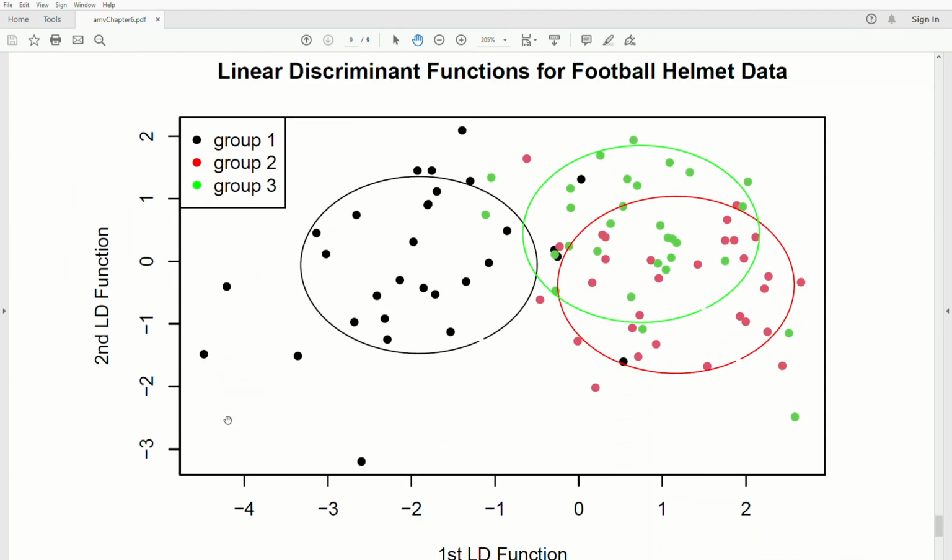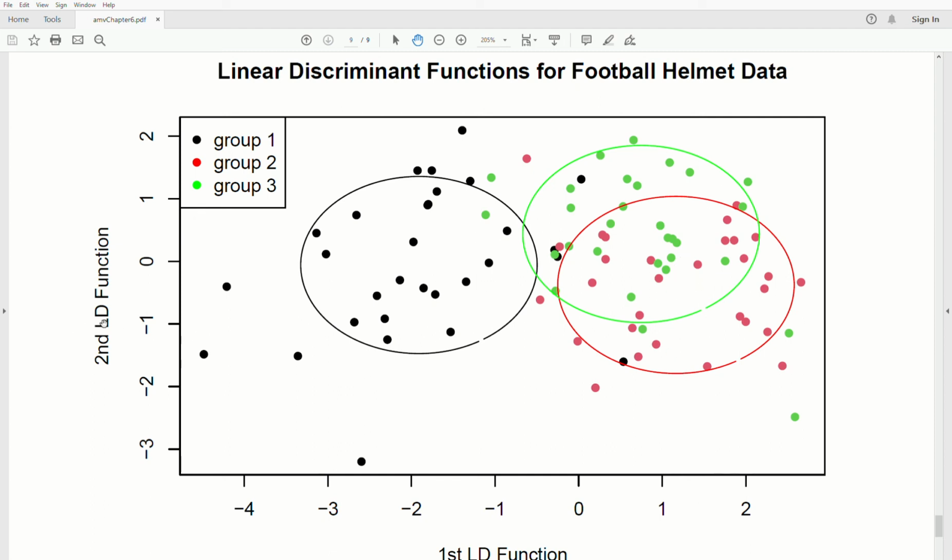So the first component is the first linear discriminant function, the Z1, and this is Z2. And then I put ellipses around the data that roughly describe it. And if you take these and shove them down onto this first linear discriminant, you can tell group 1 is clearly separated from groups 2 and 3, right? When you bring these down, it probably doesn't differentiate those.